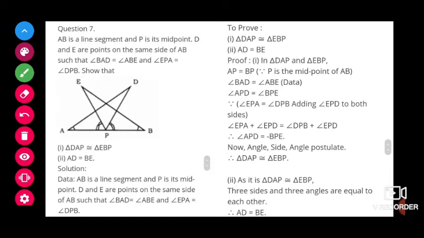Next one, question number 7. AB is a line segment and P is its midpoint. Midpoint means middle point. So AP should be equal to PB. Keep it in mind. D and E are points lying on the same side of AB.